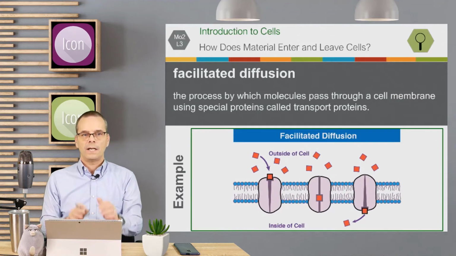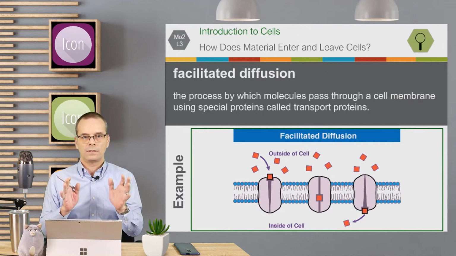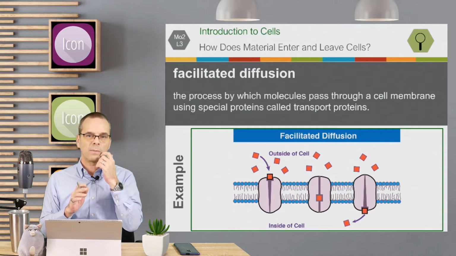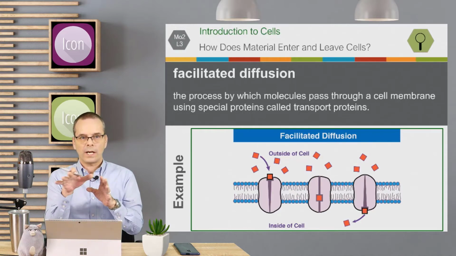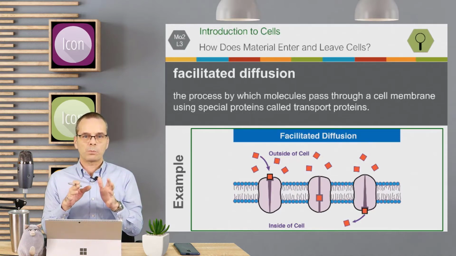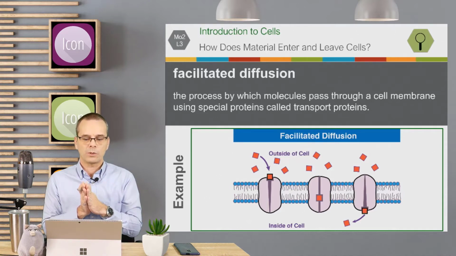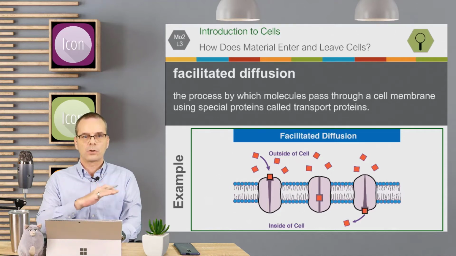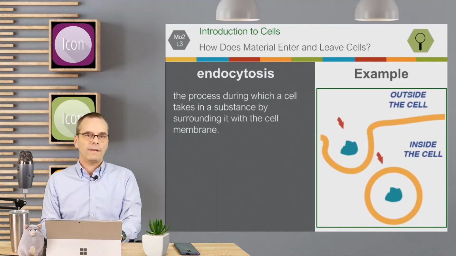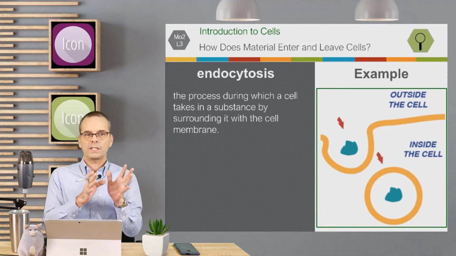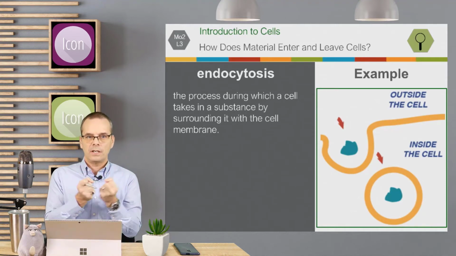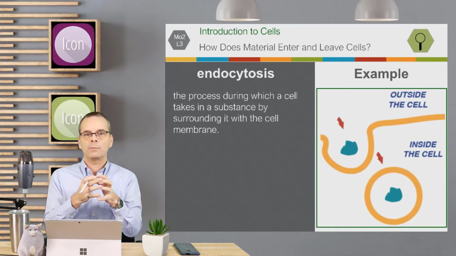You also have facilitated diffusion, the process by which molecules pass through a cell membrane, but they use special proteins called transport proteins to get through the cell membrane. Then you have endocytosis, the process during which a cell takes in a substance by surrounding it with the cell membrane.